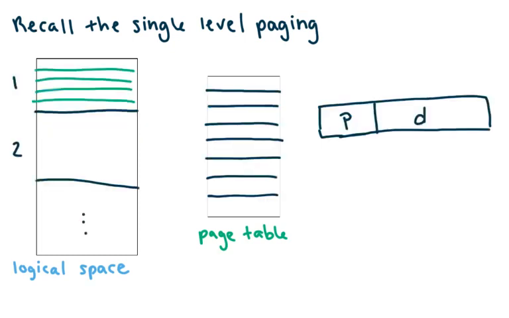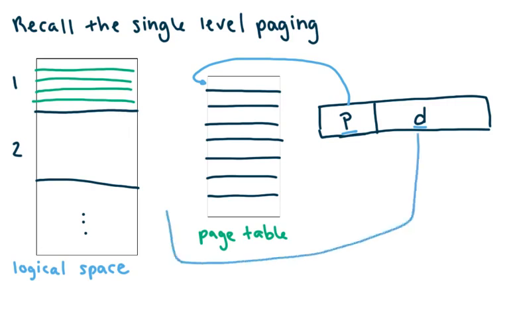Each address had a portion dedicated to the page number, which would allow it to index into the page table, and an offset that would tell it where in the actual page it was sitting. So here, this would have an offset of 0, 1, 2, 3. Right? So this was single level paging.